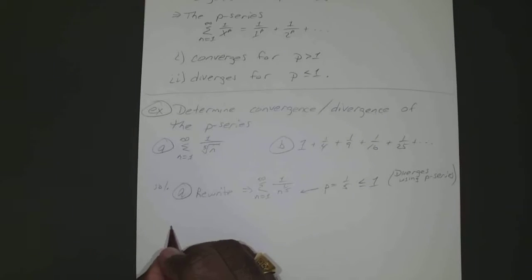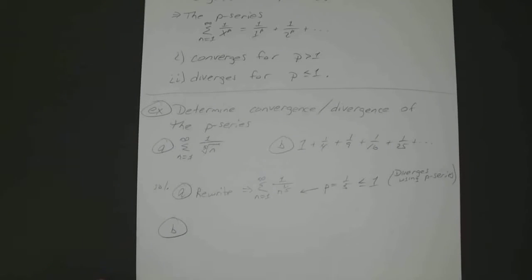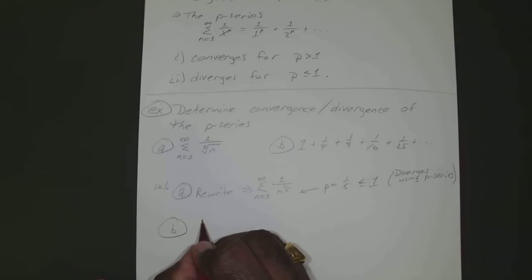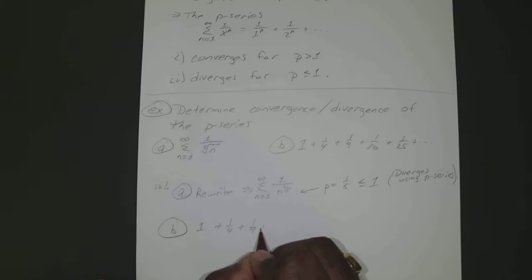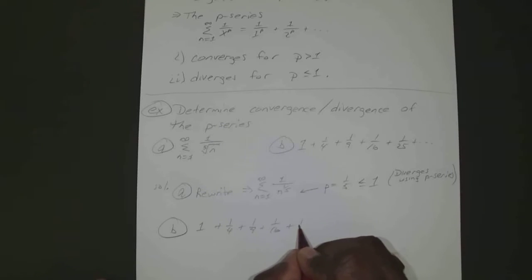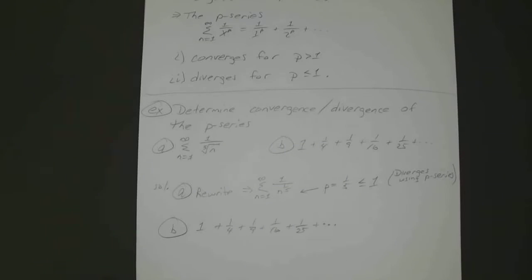Okay, now for B, we know we have 1 plus 1/4 plus 1/9 plus 1/16 plus 1/25, and so forth and so on.